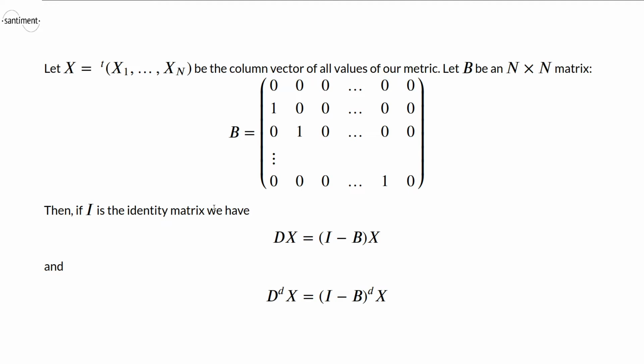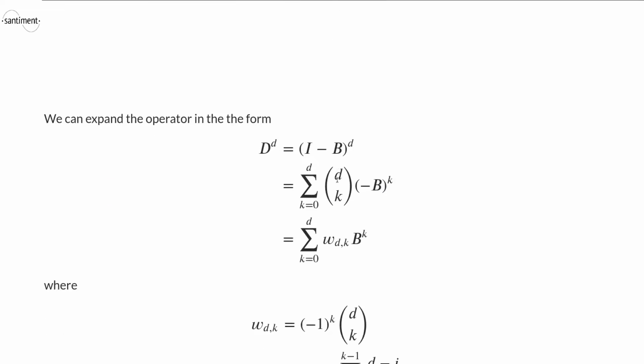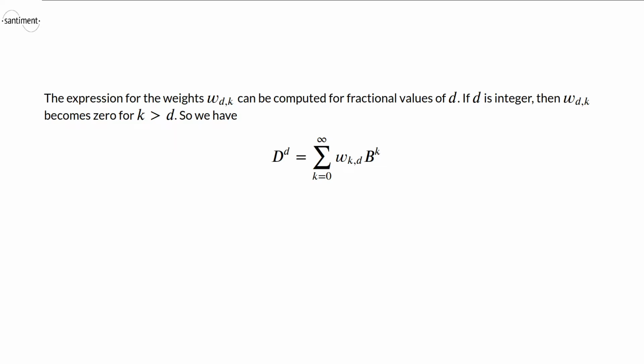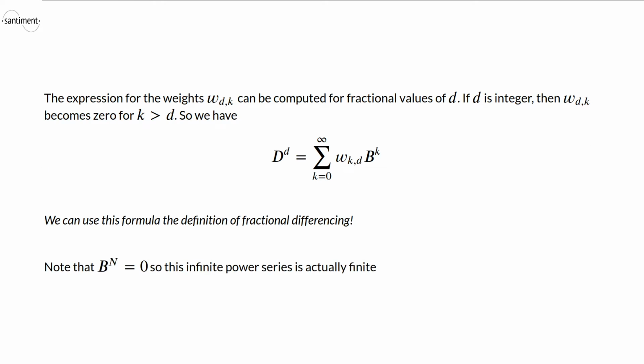If you raise it to a high enough power, this matrix will simply be equal to 0. So for any fixed number of data points, fixed number of timestamps, this infinite series is not infinite, it is finite.